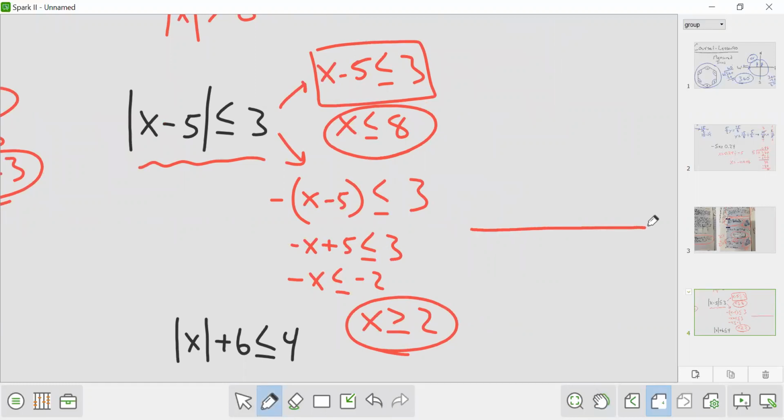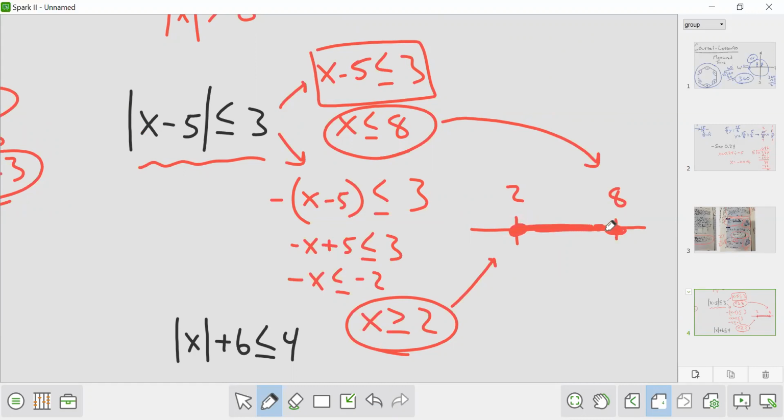I have an 8 and I have a 2. Up here, I have less than or equal to 8, solid circle, going this direction. And this one, greater than or equal to 2, solid dot, fill it in. And there's my graph.